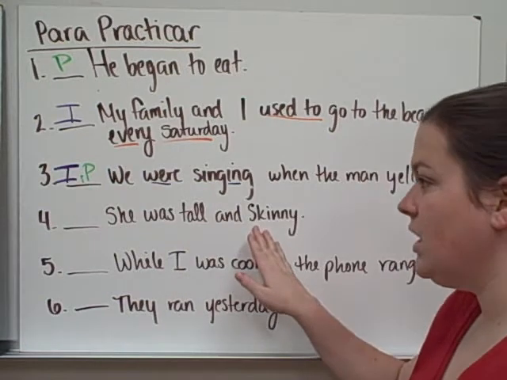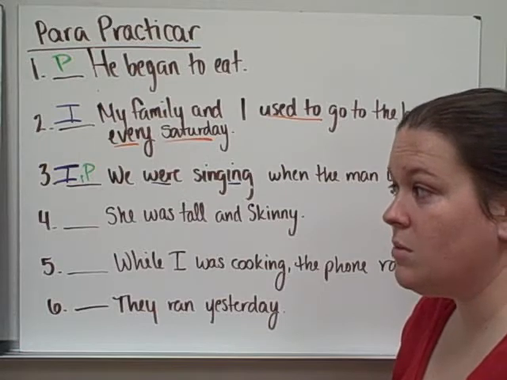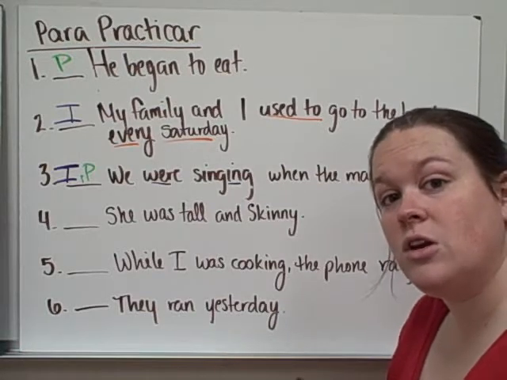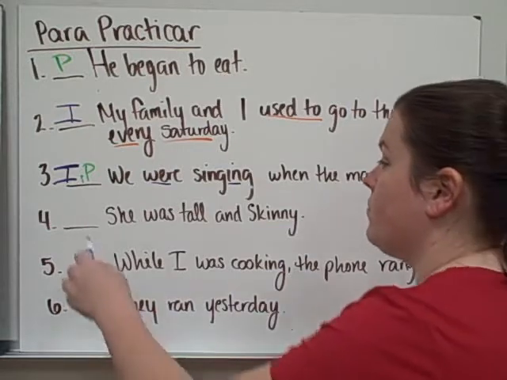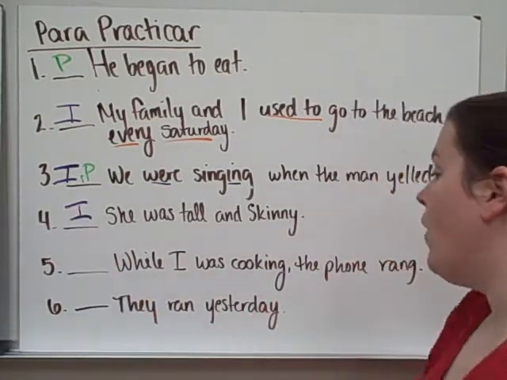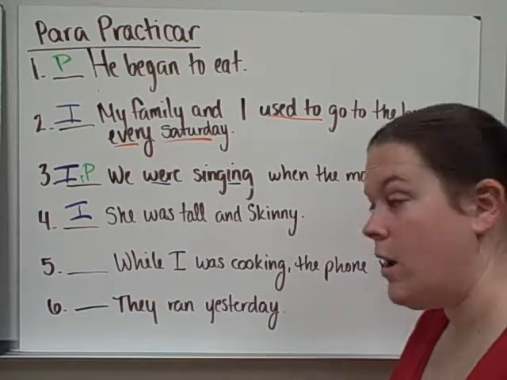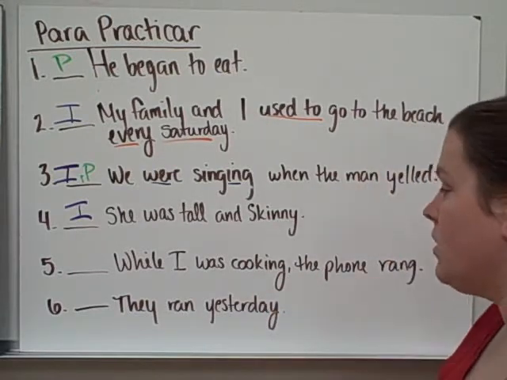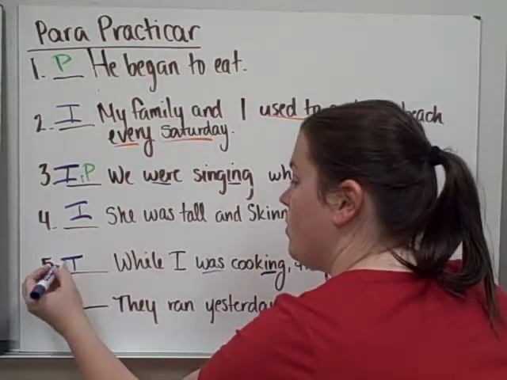She was tall and skinny. That is describing a person that's just describing somebody. And if you're setting up the scene or talking about somebody's attributes, that is imperfect. While I was cooking, the phone rang. This is, again, two things are happening, cooking and the phone ringing. So while I was cooking, that's your imperfect action.